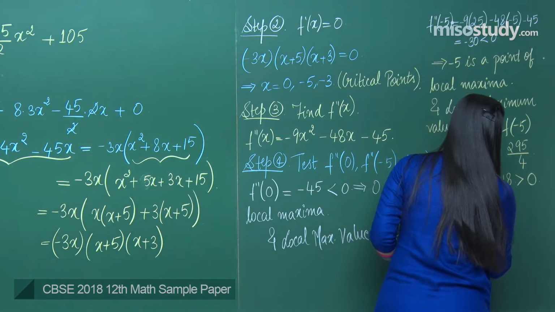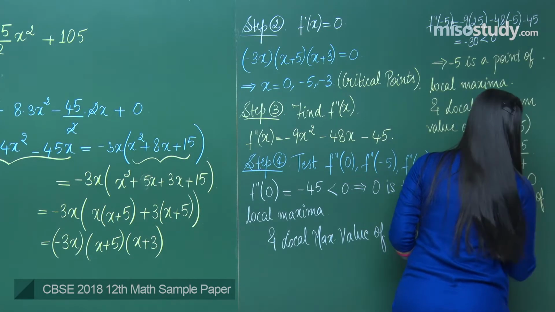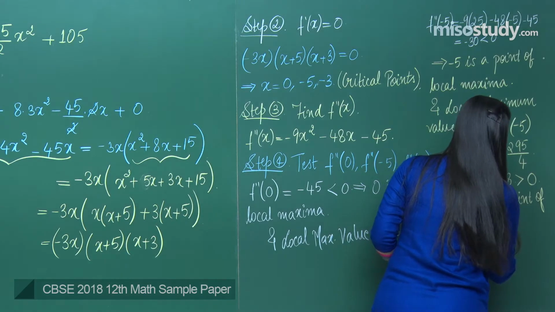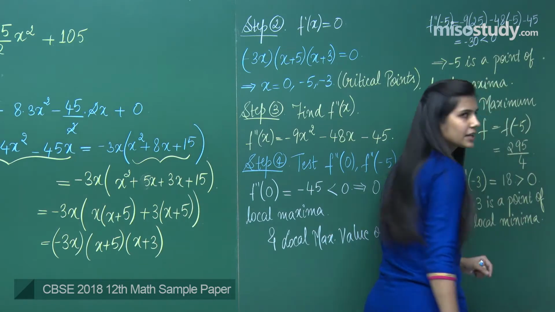This means minus 3 is a point of local minima. Isn't it?